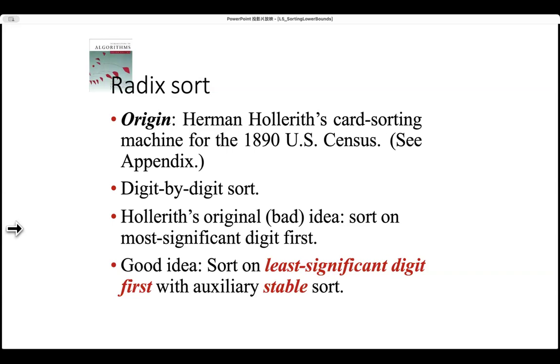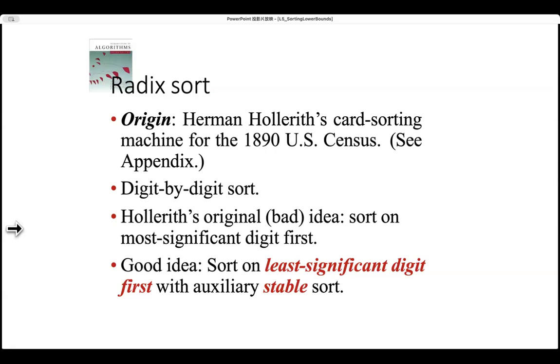In the year 1890, the United States was doing a census, so they needed to be able to efficiently sort a large number of cards. So Herman Hollerith came up with this idea, radix sort.